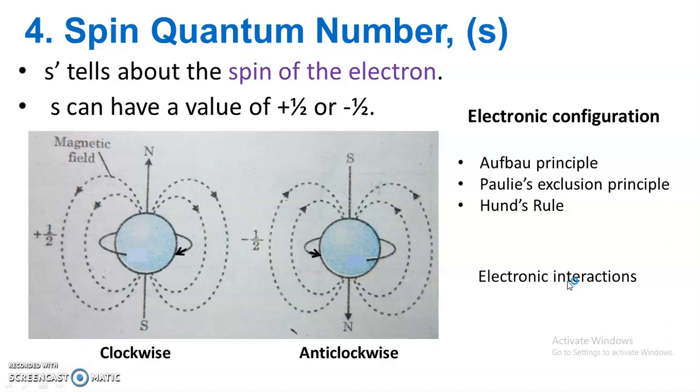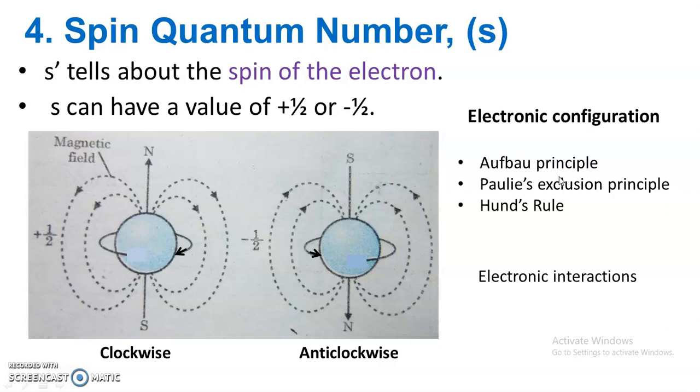These are the electronic states, and they are somewhat different from the energy levels considered for assigning electronic configuration.